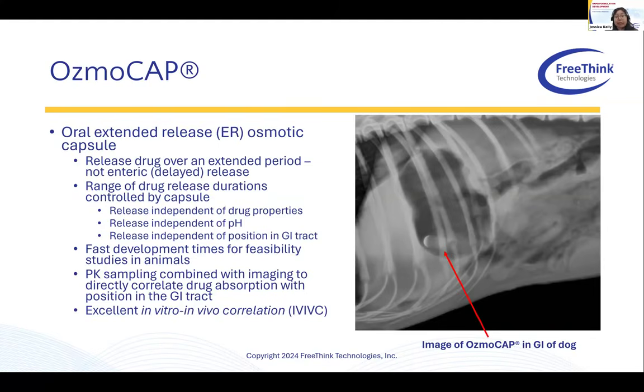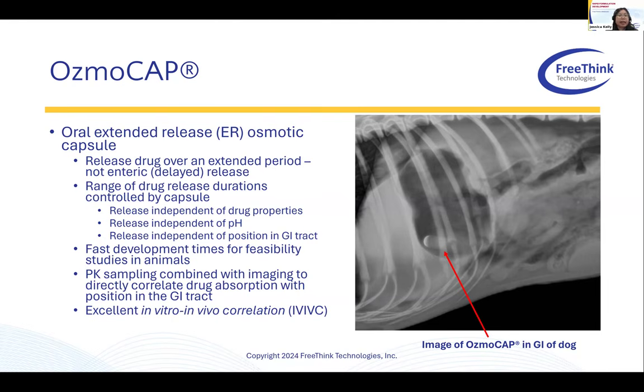So what is osmocap? Osmocap is FreeThink's proprietary oral extended release osmotic capsule. Osmocap releases drug over an extended period, so it's not enteric or delayed release, and it also offers a range of drug release profiles that are determined not by the API characteristics, but are controlled by the capsule shell formulation.